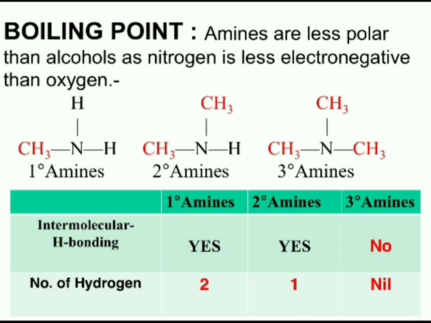But in case of secondary amine, there is one free hydrogen that can form the hydrogen bond with the nitrogen of another molecule. But in case of tertiary amine, we can see here that there is no hydrogen present that can make the hydrogen bond with the nitrogen of another tertiary amine molecule.